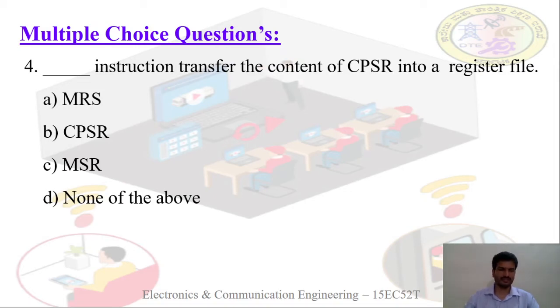The answer is A, MRS. This is the move instruction, move destination comma source, from source to destination. Now the source is the status register, that is the CPSR register. The data is moved to an R register, a general purpose register. So A, MRS, is the right answer.